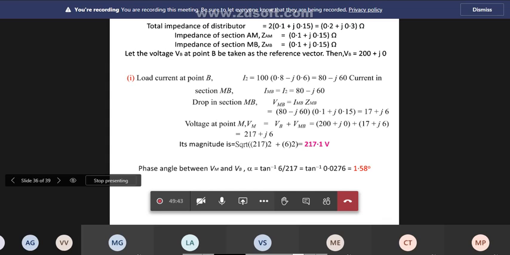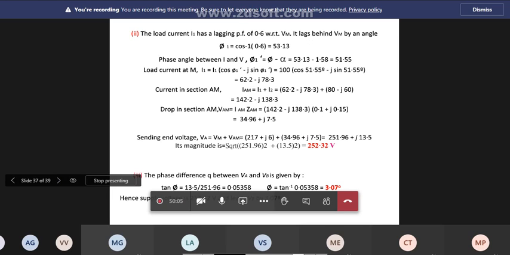VM has 0.6 power factor. Now the total combined angle is 1.58. Now subtract this value from the power factors. That is the only difference compared to the remaining problems. So as usual, phi1 is cos inverse of 0.6, 53.13. Therefore phi1 dash, phi1 minus alpha, is 53.13 minus 1.58.